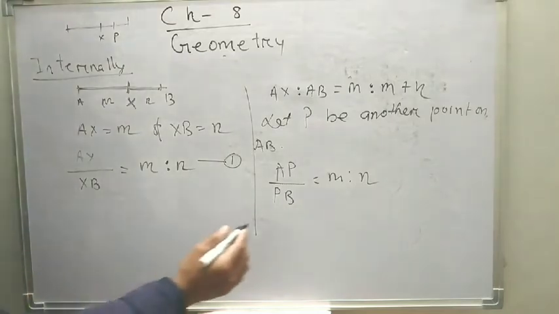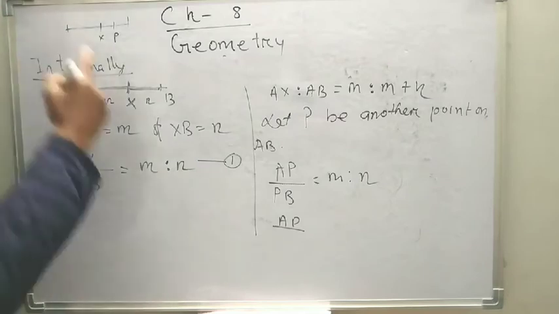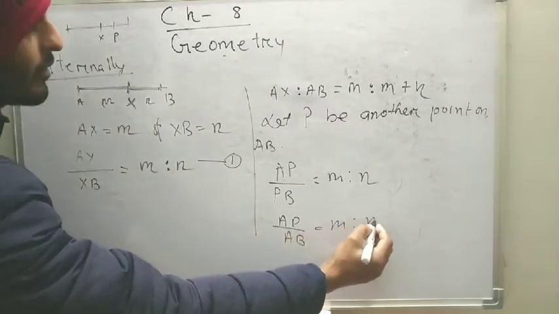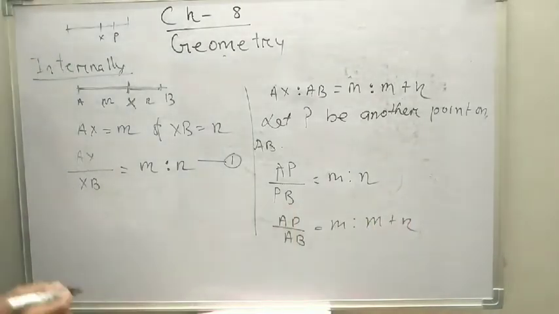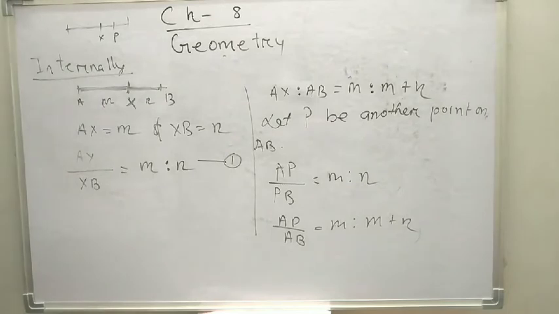Then we can get that AP by AB is equal to m is to m plus n, because AB is a full part of m plus n.